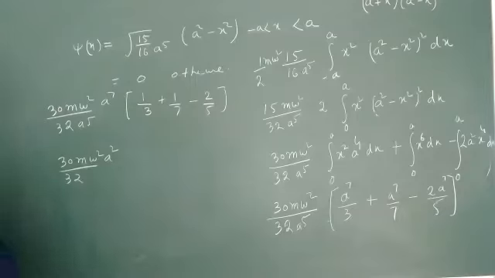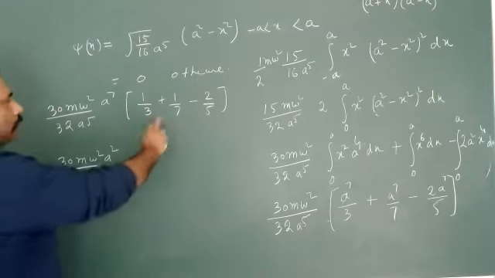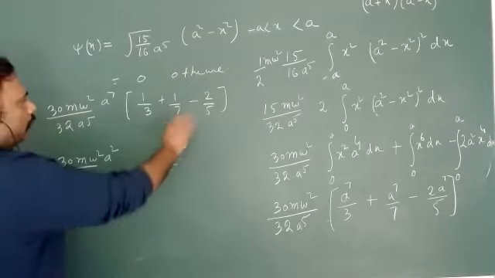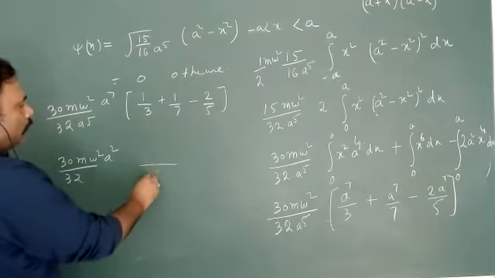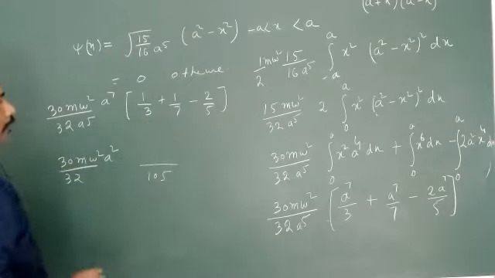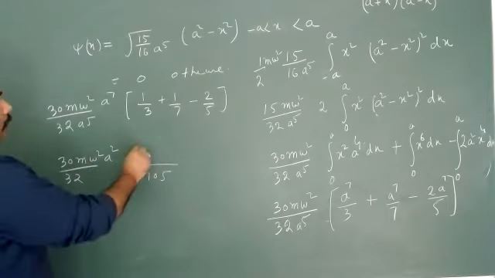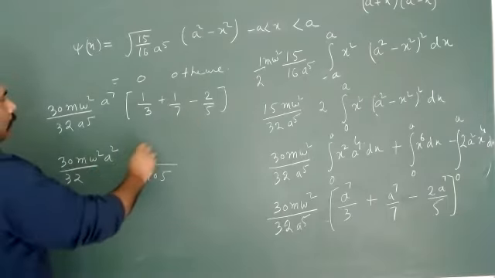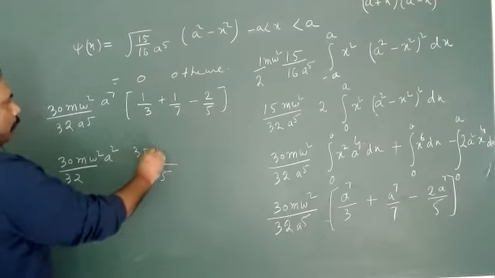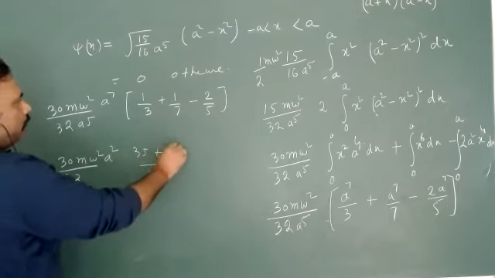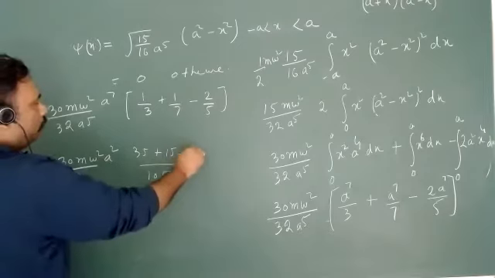How much is it coming? I am just taking your number. So this will be 35 into 3. That is what? 105. And this divided by, the value is what? 7 into 5, 35 plus 15 minus 42.